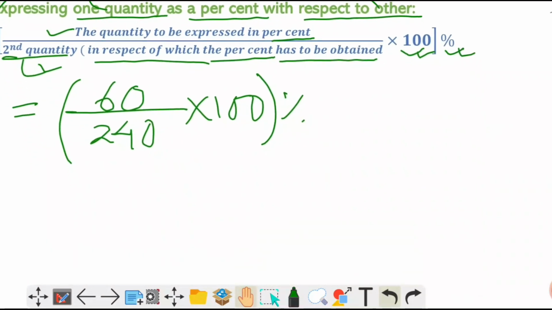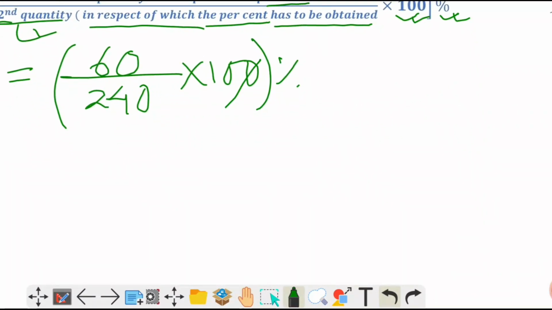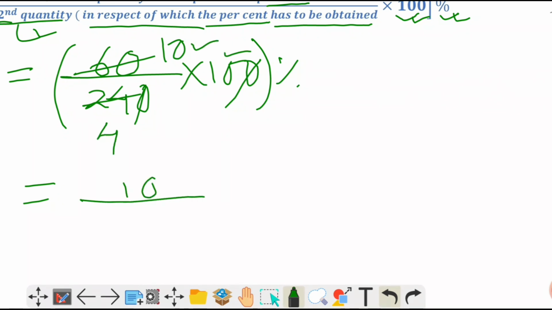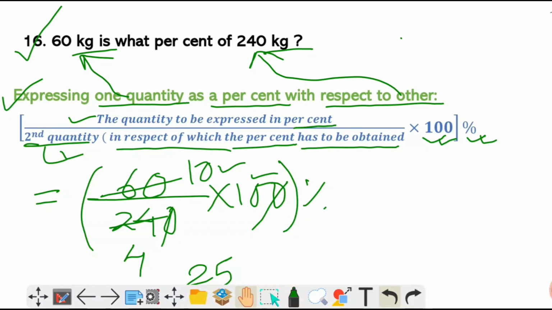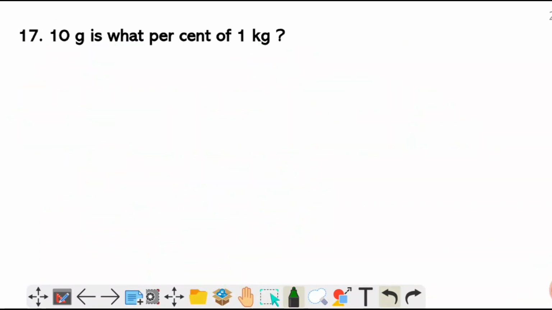Cancelling the 0, we divide by 6. 6 ones are 6 and 6 fours are 24, and here we get 100 divided by 4, that is, 4 25s are 100, so it is 25%. We can see that 60 kg is 25% of 240 kg.